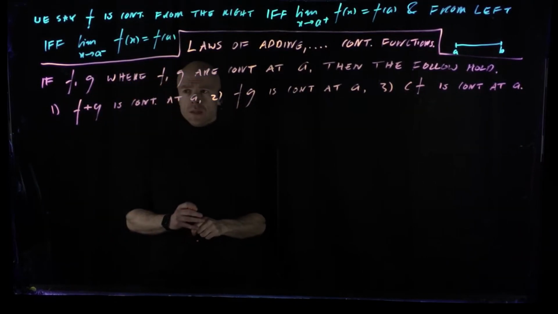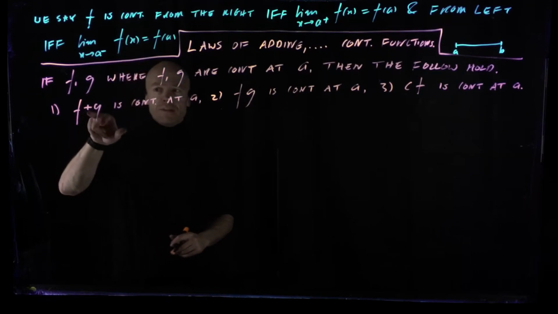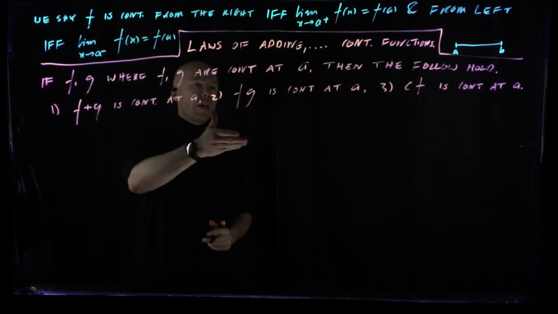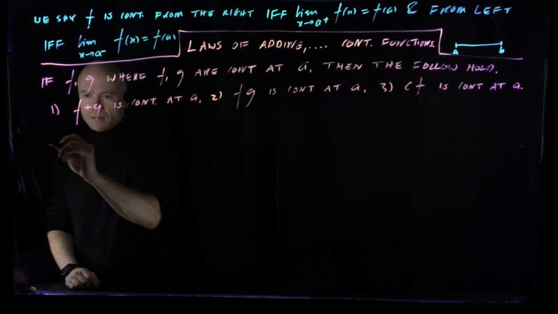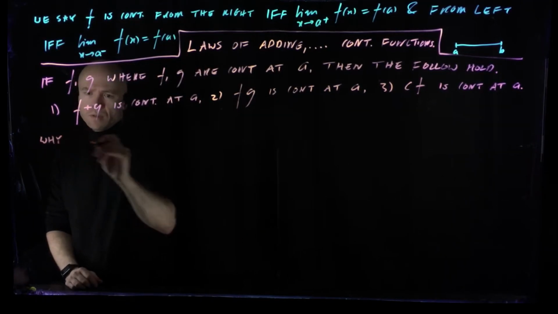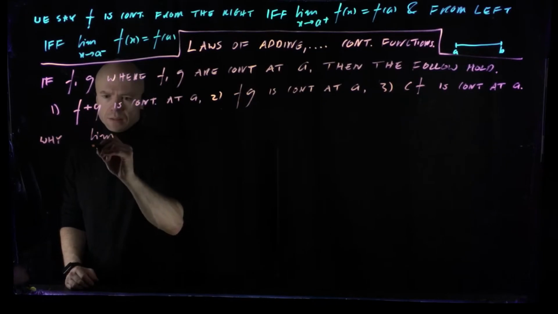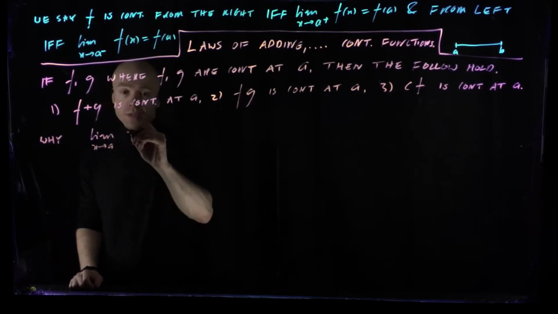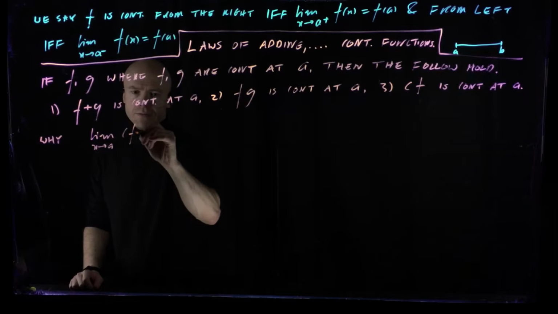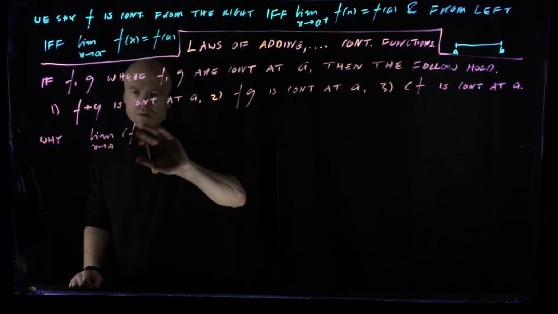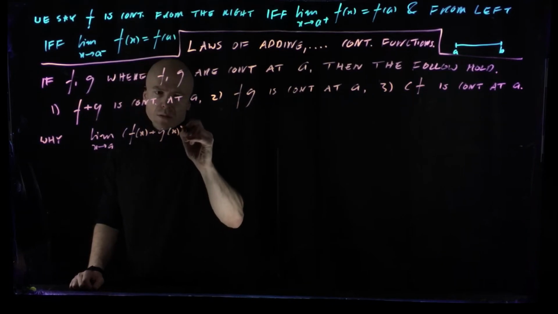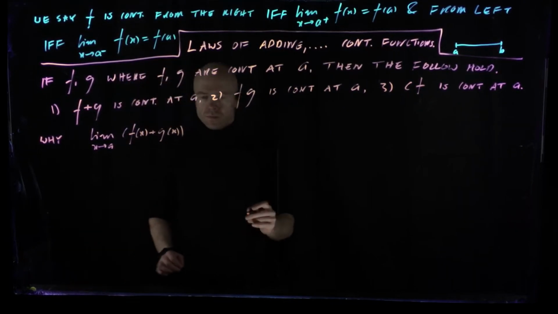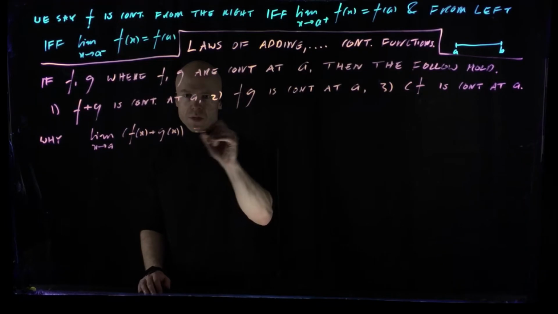Okay, so part of f and g being continuous at a is that the limit exists at a, right? So if we look at the limit as x goes to a of this function f of x plus g of x, what's this?